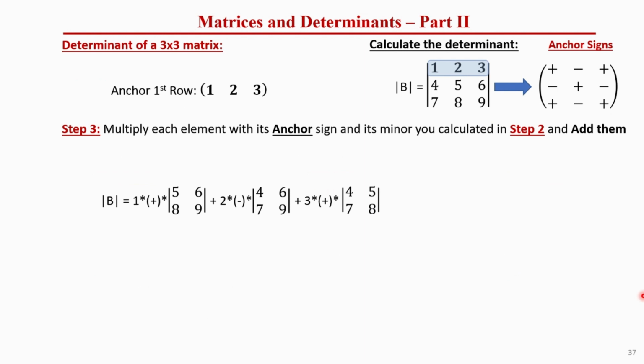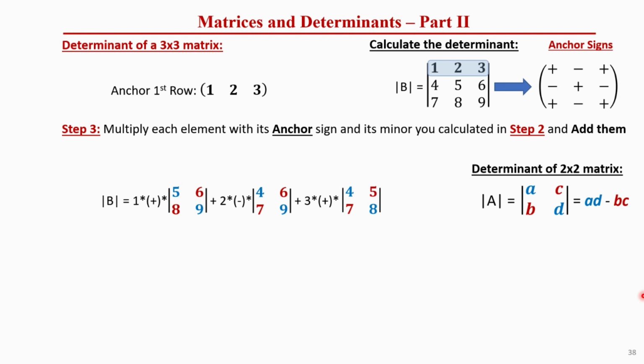Okay. So that's step 3. We multiply each element from the anchored row with its anchored signs and with its minor. Now we want to compute the determinant, right? That's the only thing left for each of these minors.